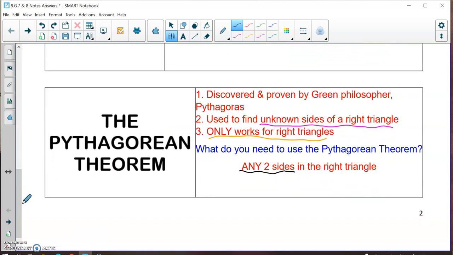in your right triangle. And so now we're going to look at the Pythagorean theorem. It's a very famous formula that you might have already seen.